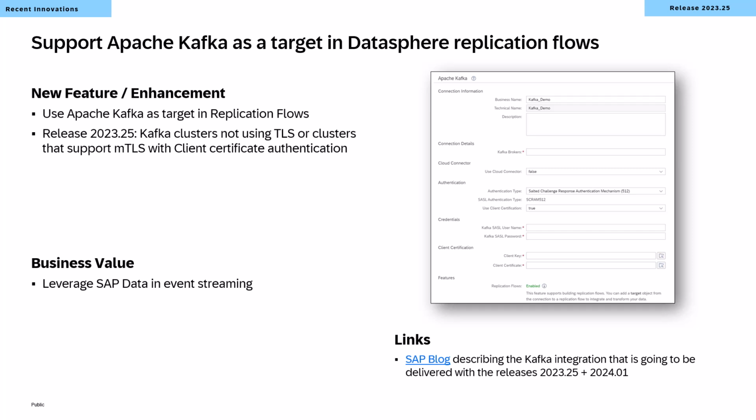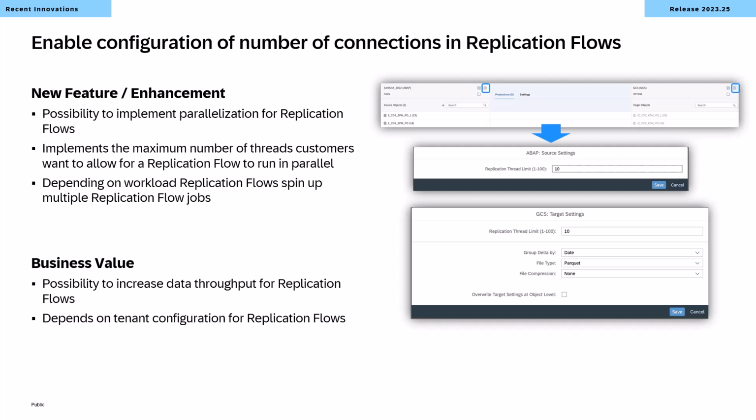And then an additional enhancement was made also with the final release of the 2023 year with 25. We enabled the configuration of additional parallelization option here. So the possibility to adjust the replication thread limit.